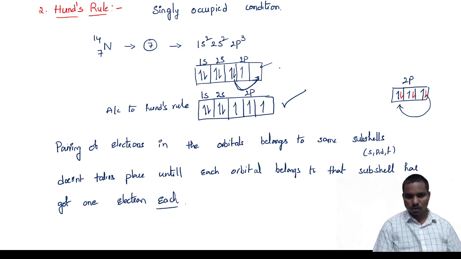Okay, so it is not correct. So as per Hund's rule, if any two are filled, one will be moved to another one. That means now at least one electron is filled. That is the point here.